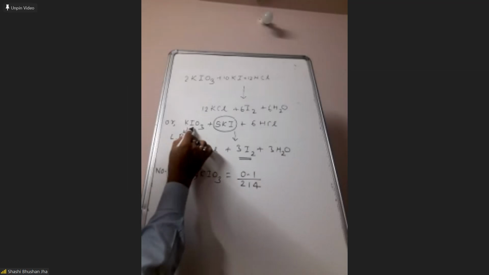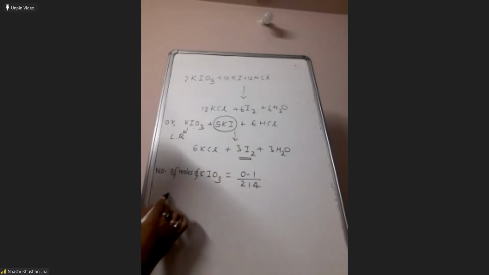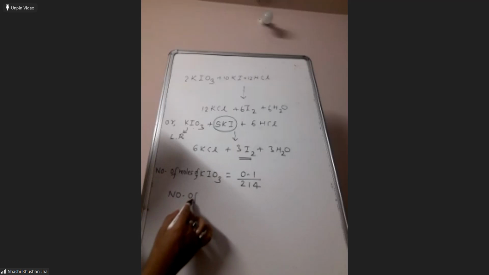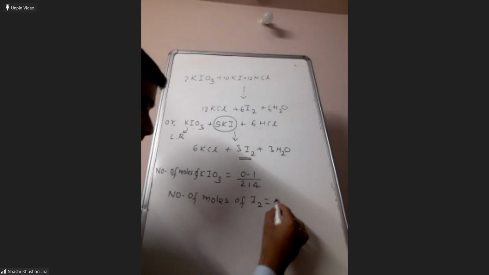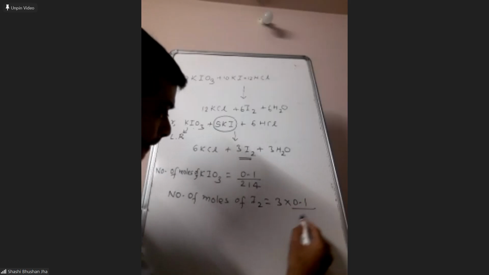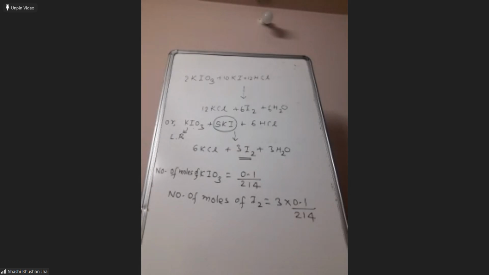Now 1 mole of potassium iodate will give you 3 moles of iodine. So the number of moles of iodine will be 3 times of this. So you got the number of moles of iodine.